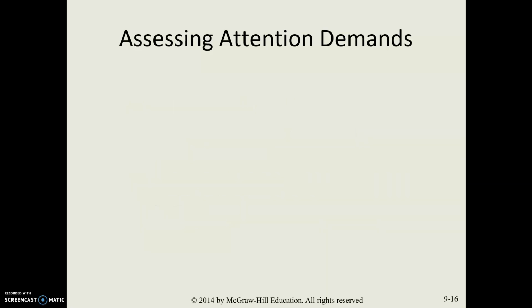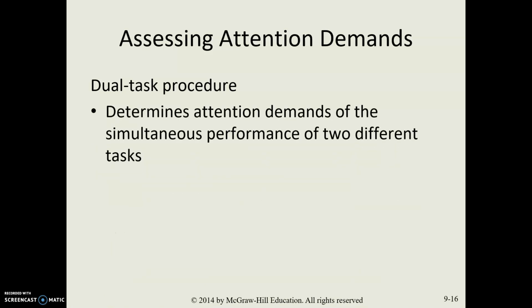Moving on now, let's look at how we are able to measure or assess attention demands. In the research, usually they'll provide a dual task procedure to determine how much attention you're paying at the same time to 2 different tasks. In the dual task procedure, you have the primary task of interest, the task you want to know how much attention you actually need in order to perform it.